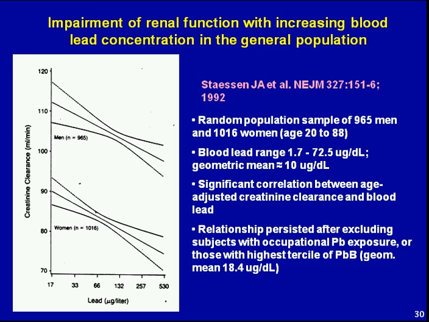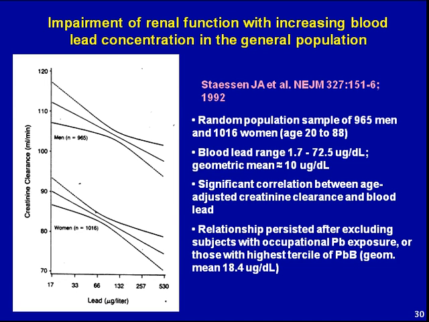One such study, which was published in the early 1990s by Dr. Staessen and his colleagues, looked at a random population sample of approximately 2,000 men and women who were living in Europe, who had blood lead concentrations that ranged from very low to up to about 72.5 micrograms per deciliter, but most of them had blood lead concentrations in the neighborhood of around 10. And there was a significant correlation between their age-adjusted creatinine clearance and their blood lead level.